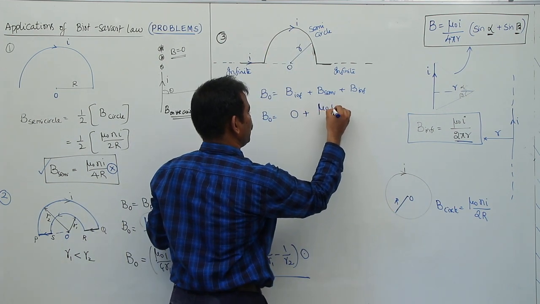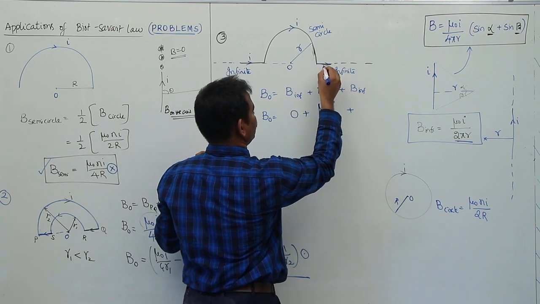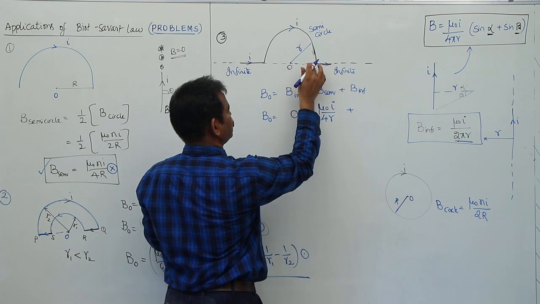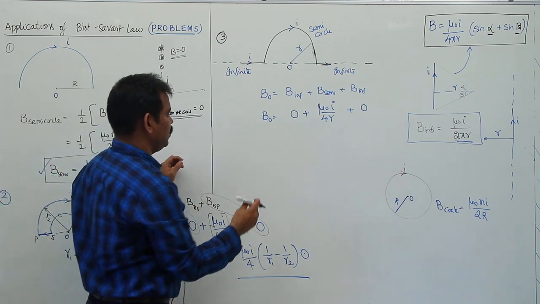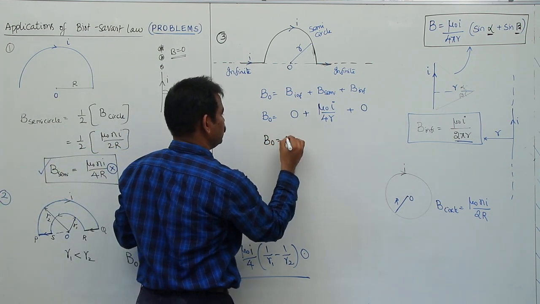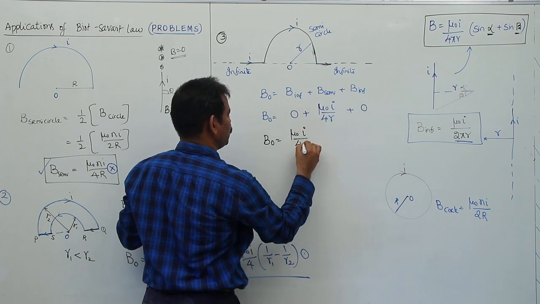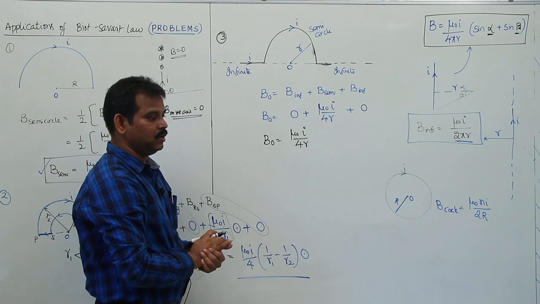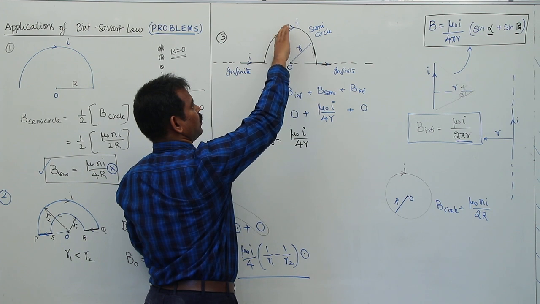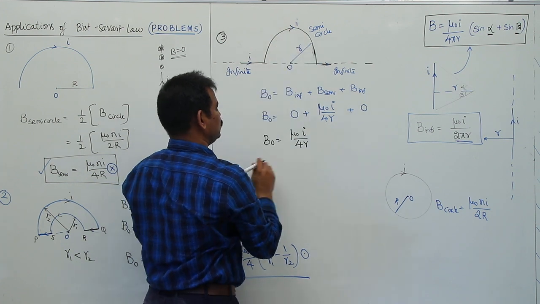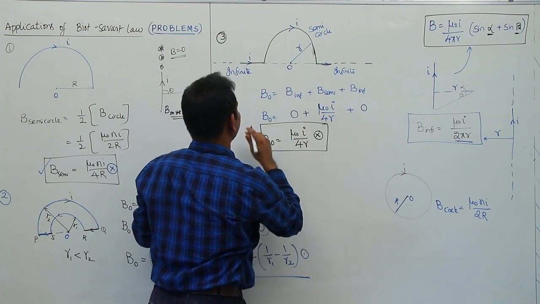So directly you can write mu naught I by 4R plus the magnetic field due to the infinite wire. Here also this point is on the axis of this one when it is extended backwards, so 0. So what is the magnetic field at center O here? As these two are 0, only the semicircular portion will produce the magnetic field at the center. But what is its direction? As the current is flowing in the clockwise direction, the field is into the page. This is the magnetic field at the center of this one.